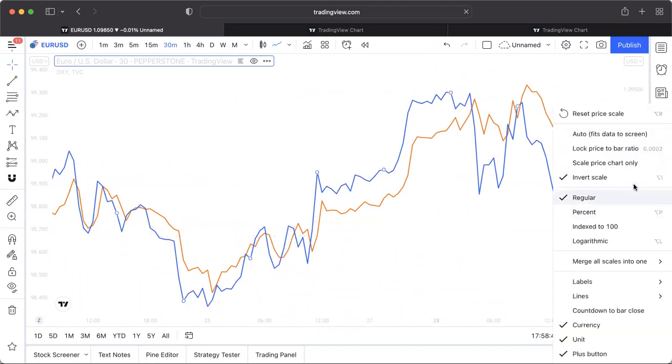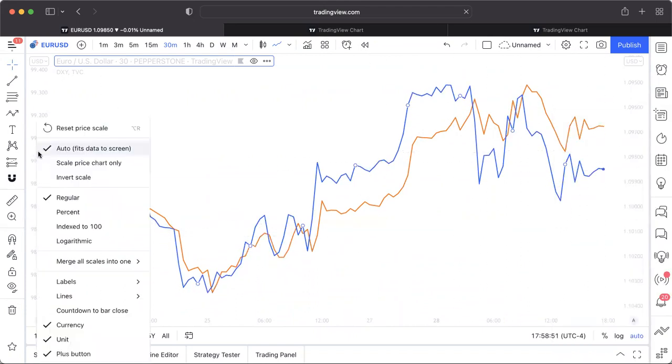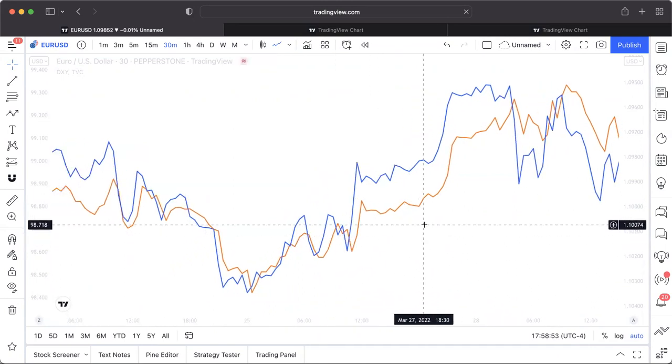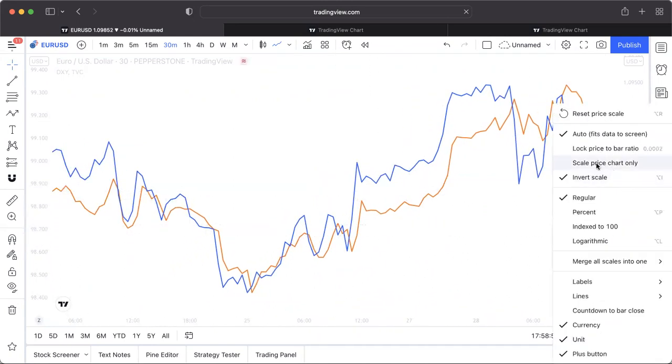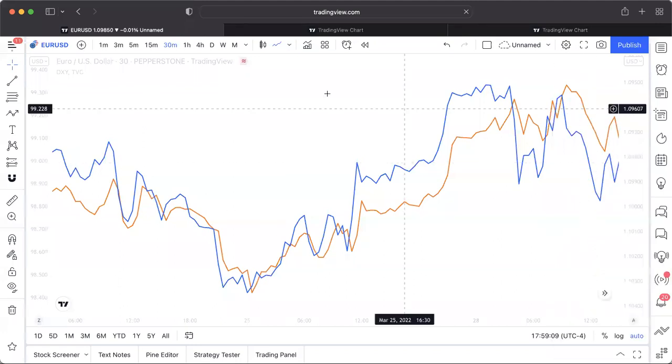But let's reset this one, and let's also reset this one. If you let me do something, zoom. Just a second, let me check something. Do you want to zoom? No, it's fine.